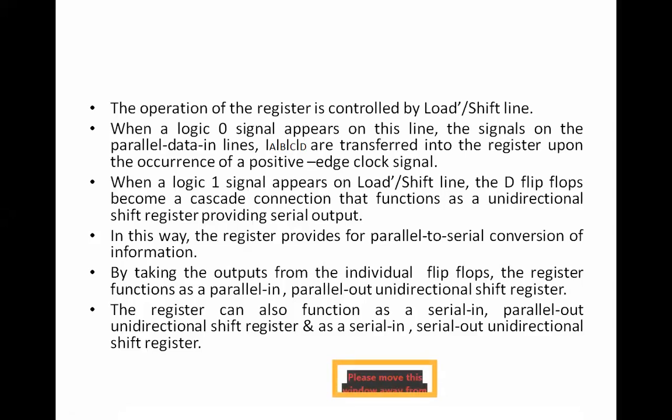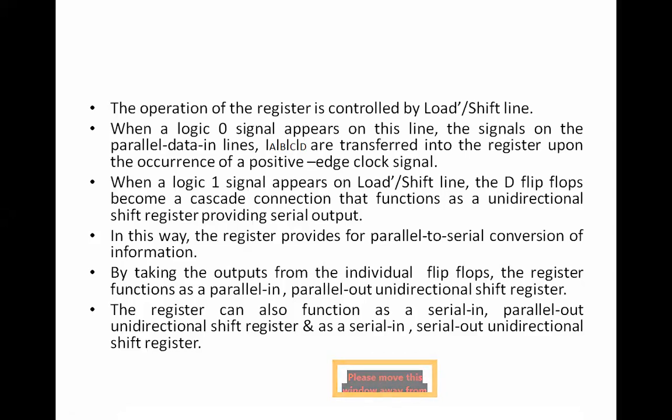The operation of the register is controlled by the load and shift line. Whenever it is low, zero value, then load operation is happening. Whenever it is high, then shift operation is happening.